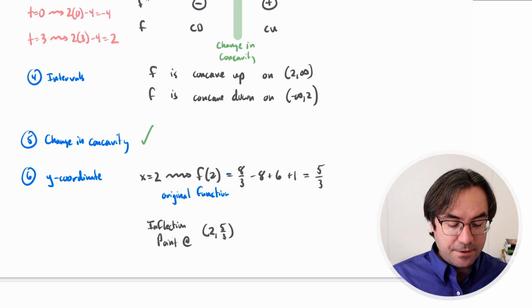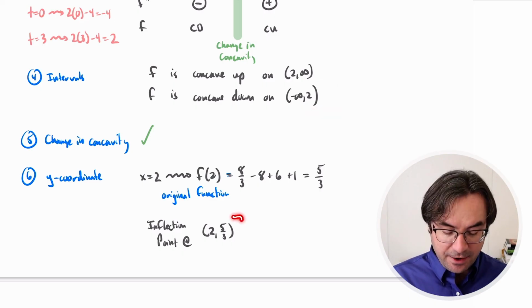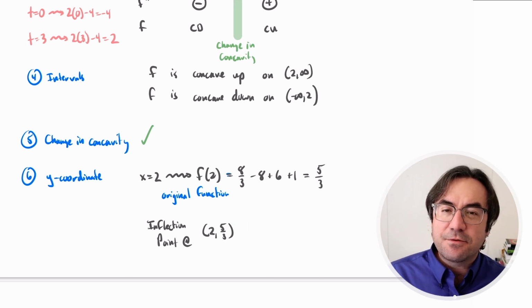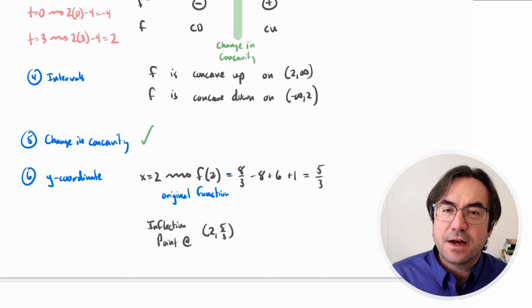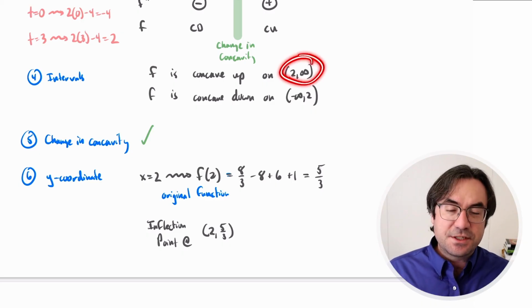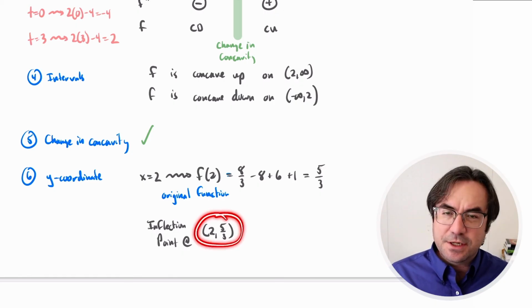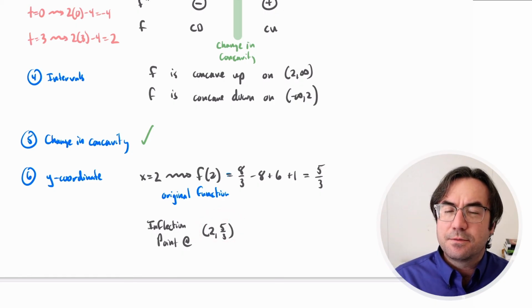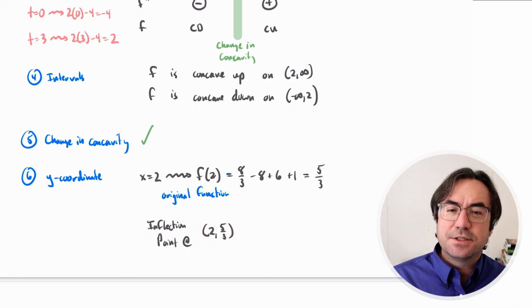So our answers here, we've got our intervals of concavity nicely written out, and we've got our inflection point. Just be careful when we're doing these. These intervals of concavity are slices or sections of the x-axis. The notation looks similar to our point notation, where we have parentheses on either side.